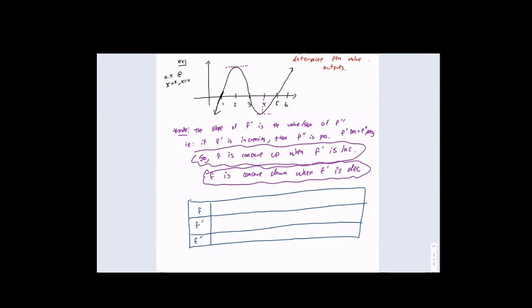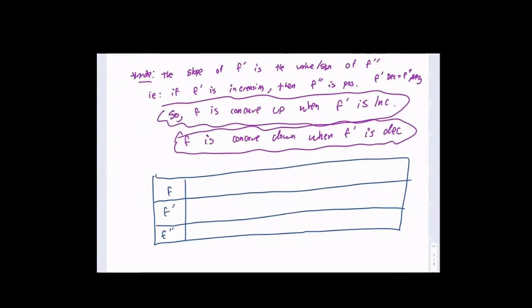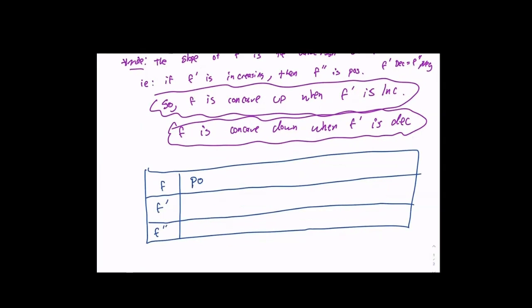Now, these functions, f prime and f double prime, which are all, remember, functions, could be positive, negative, increasing, decreasing, concave up, or concave down. Now, for the function f, these properties are basically what we want to know.